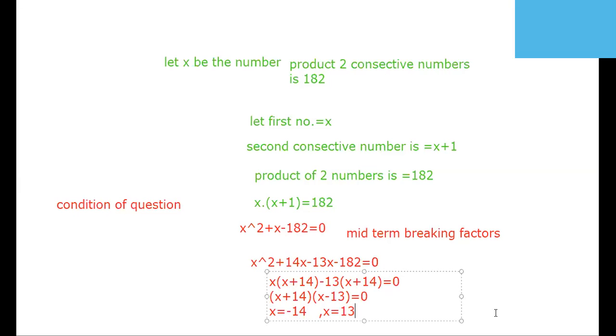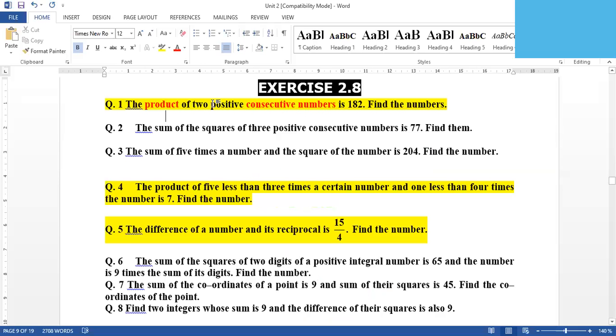Now you can see that you have obtained two answers. If you go back to the statement of the question, we have obtained two values, x equals minus 14 and x equals 13. But in the statement of the question, there was a word written, which was, if I go back to the statement, that the two numbers should be positive. Fine. So the number should be positive.